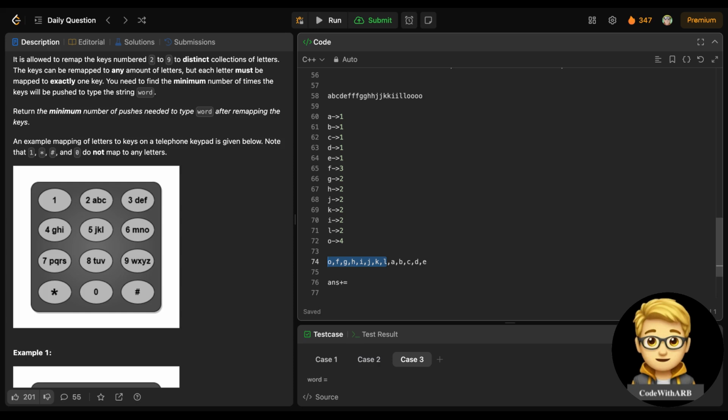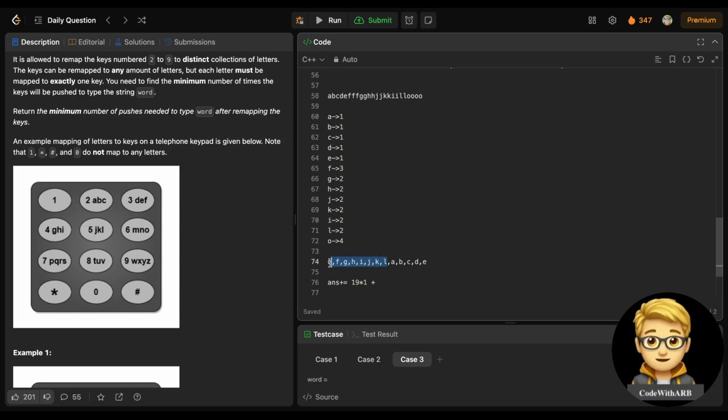So how many characters are there in total? 4 plus 3, which is 7, plus 2 till L, so 9, 11, 13, 15, 17, and this is 19. So total 19 into one push, so that will be 19 plus plus.